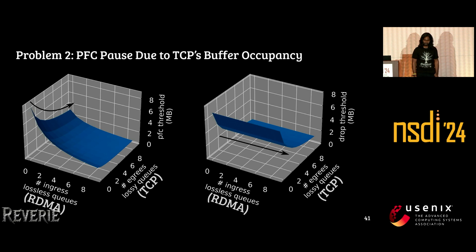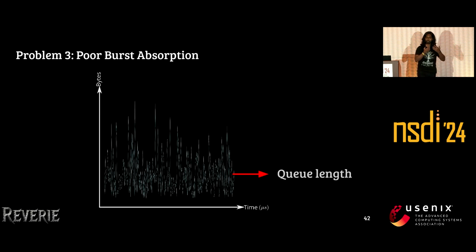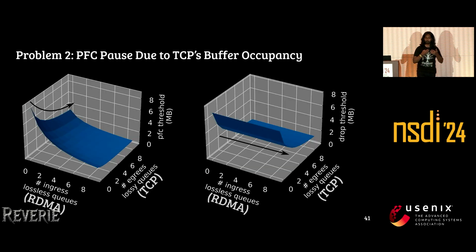Even more interestingly, TCP's drop thresholds don't get affected because of RDMA, which is surprising because we usually want to prioritize RDMA lossless traffic in the buffer, whereas the SONiC buffer model turns out to support TCP much more than RDMA.